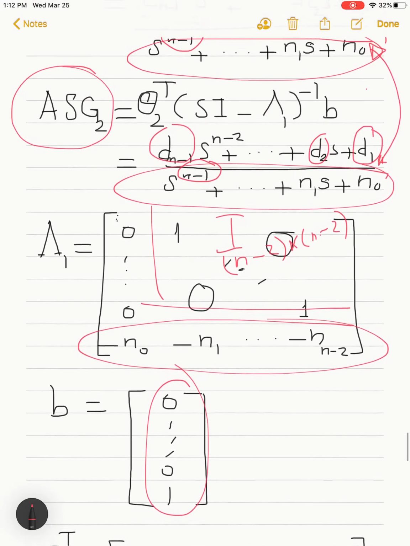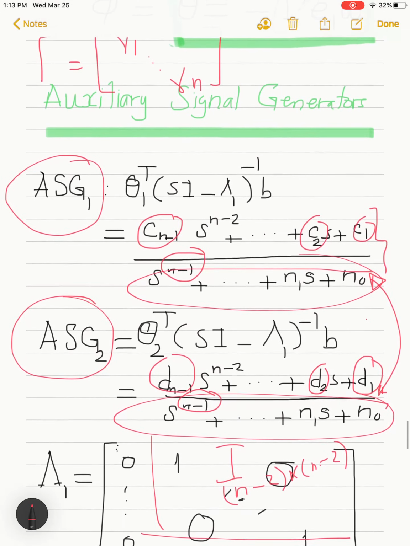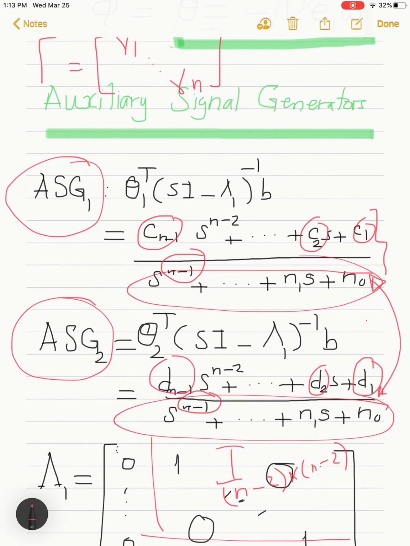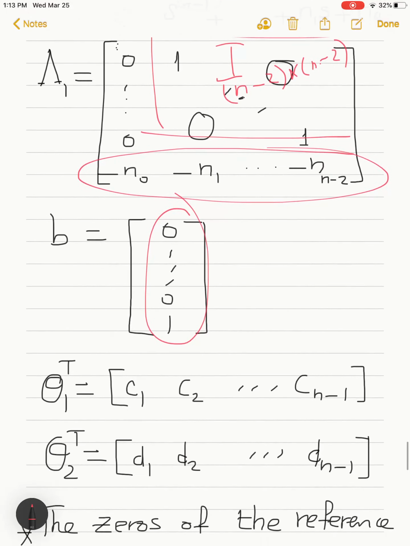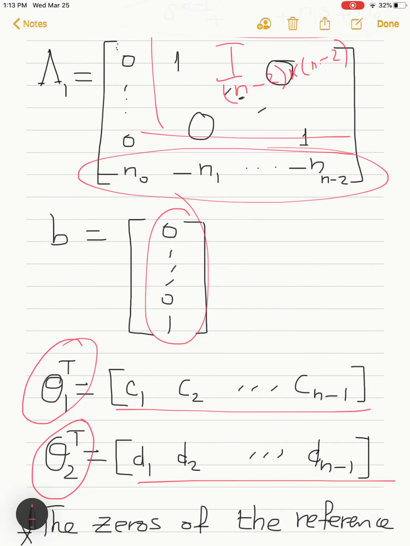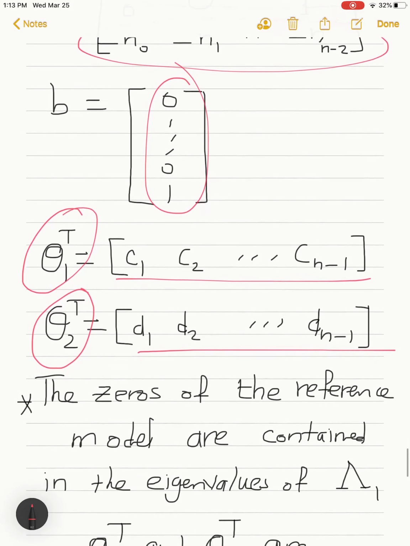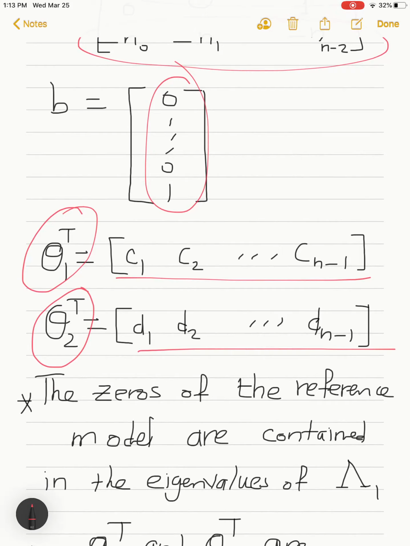Now the C vector will be the coefficients of the numerator. So in case of the first auxiliary signal generator, these coefficients will be the C parameters, while in the second it will be D. And that's what we called earlier theta 1 and theta 2. So this is the structure of the auxiliary signal generator.